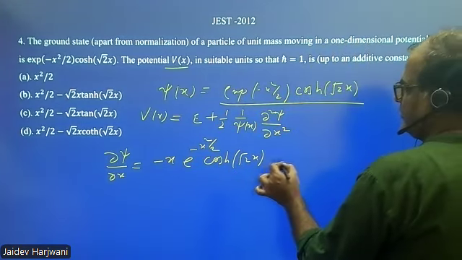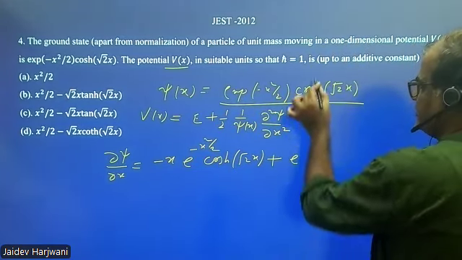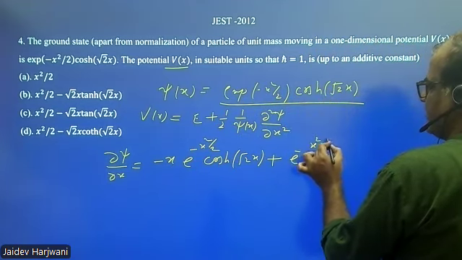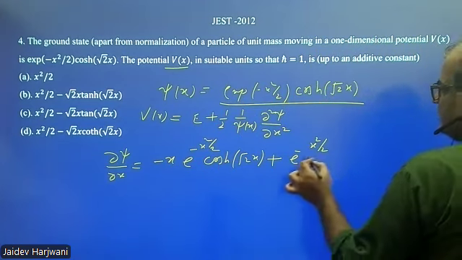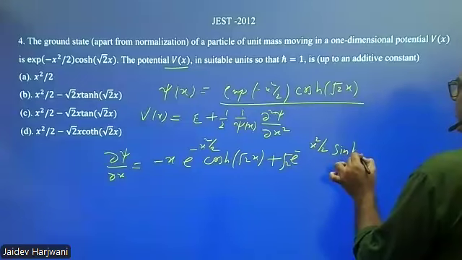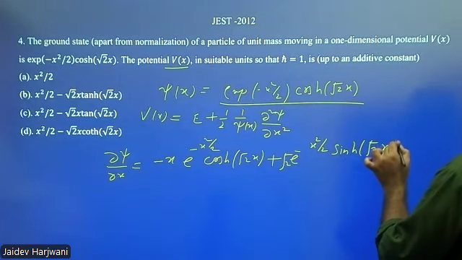And now if I differentiate this term, this will give me e power minus x square by 2, cos hyperbolic will give me root 2 sine hyperbolic root 2x.